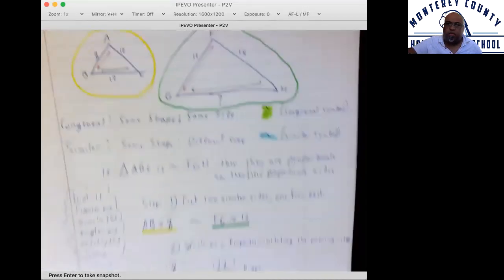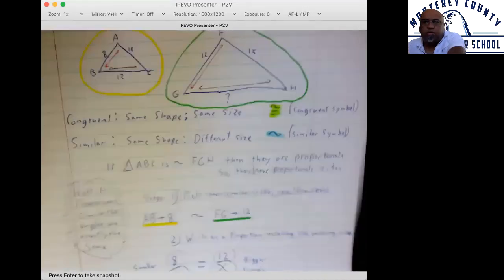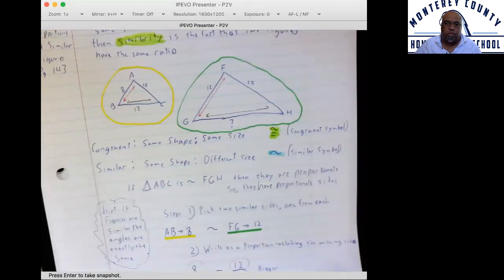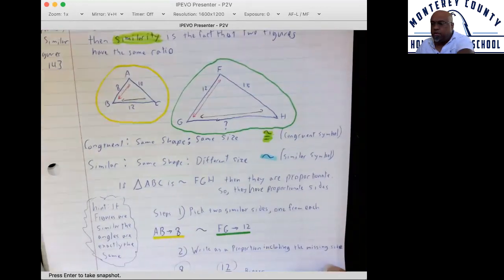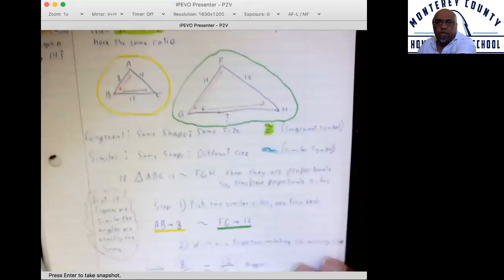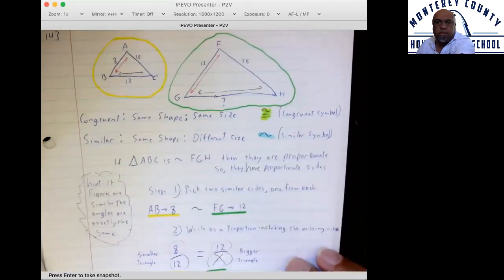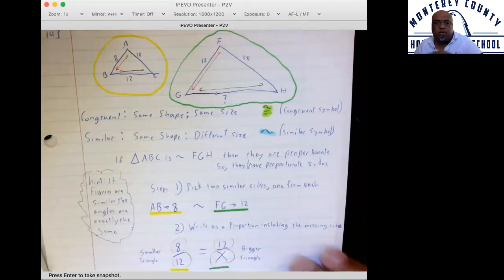I'm trying to move this so that you can see everything at the same time. Okay, there we go.